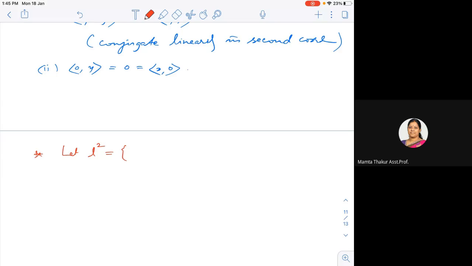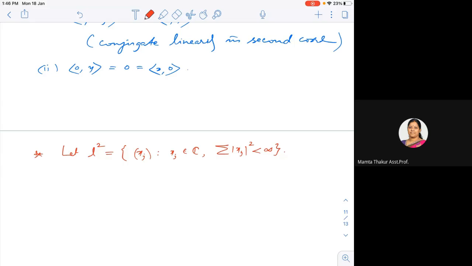Namely, these are the sequences xj's, where xj's are complex numbers, and moreover sigma modulus of xj whole square is finite.